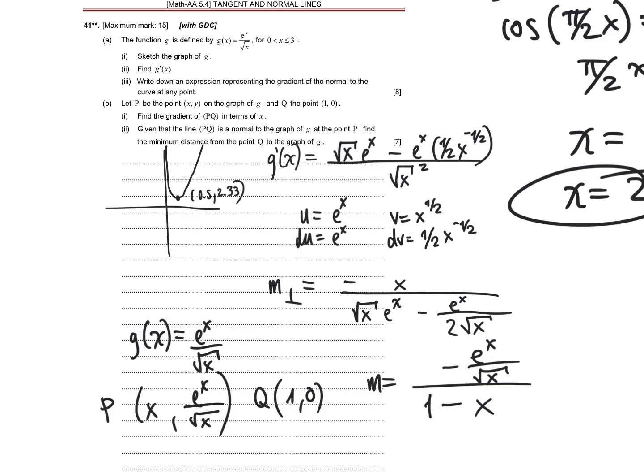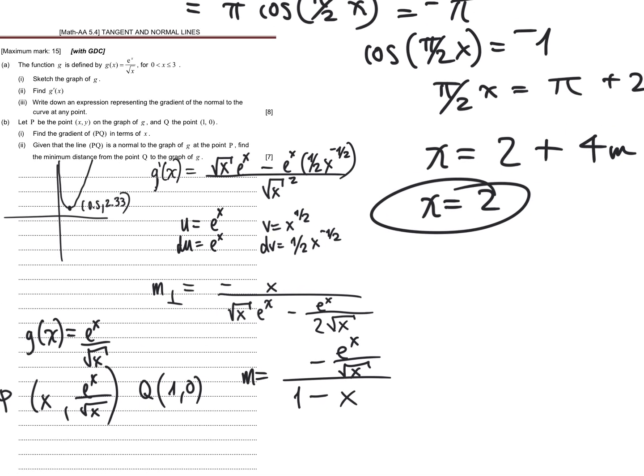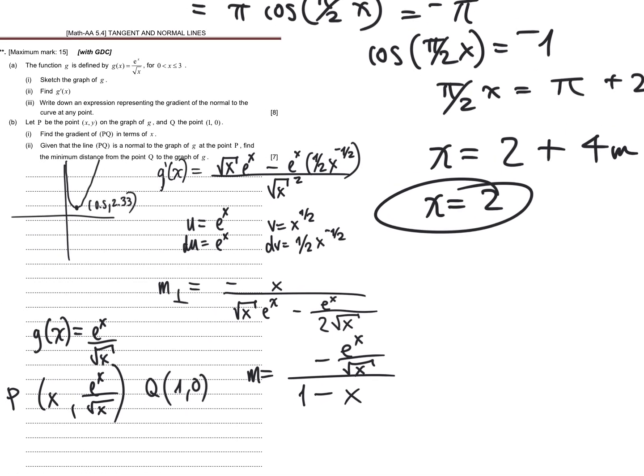Given that the line PQ is normal to the graph of G, so PQ is normal to the graph of G at P. Okay, so this is normal at P. So this is going to be equal to the normal.